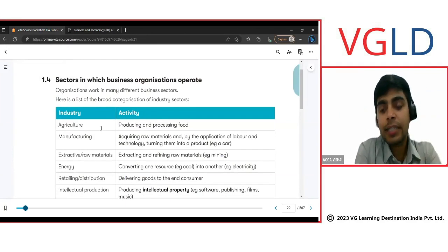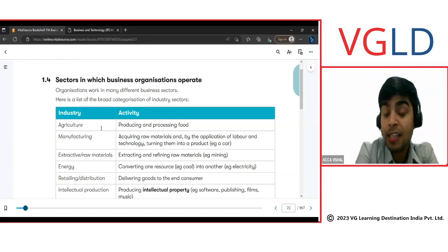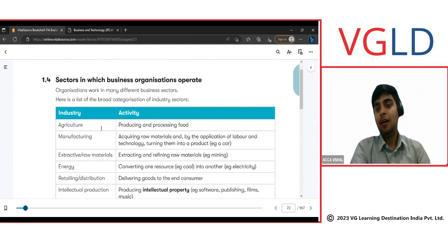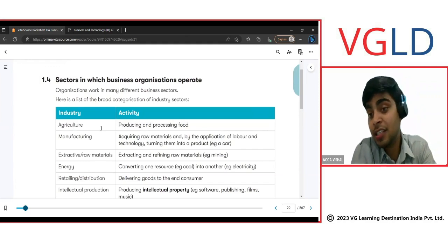There's a telecom industry, basically the mobile phone that you're using, the internet that you're using. There's an aviation industry. Aviation industry basically means the aeroplanes that you see in the sky. I expect some of you have used airplanes in your life, like traveled by plane. So there's an aviation industry.